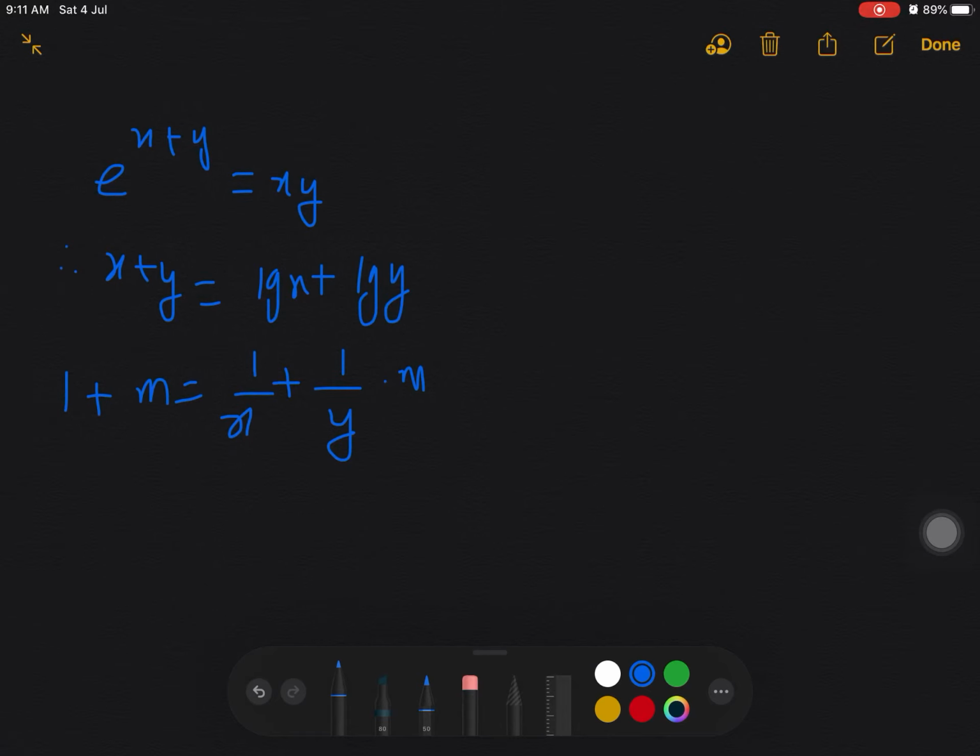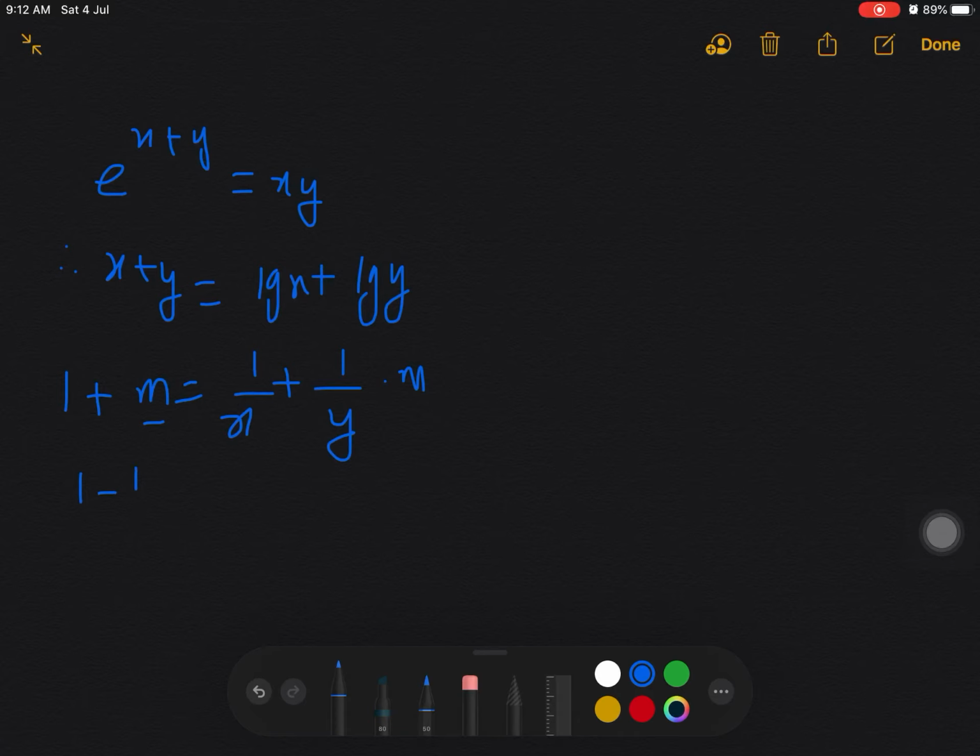Clearly it is variable separable. This term will be introduced in differential equations, but variable separable means an expression in which the similar variable can be separated on one side and the other variable on the other side of the equal sign. So that's 1 plus m.